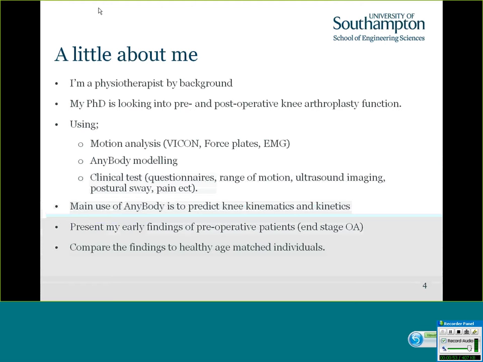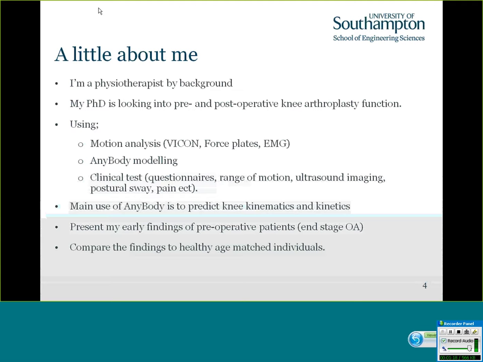The main reason for me using AnyBody is its ability to predict knee kinematics and kinetics during activities of daily living. So we normally make our patients do a number of different activities and then use AnyBody to predict the outputs. During this webcast, I'll be presenting my early findings of preoperative patients.